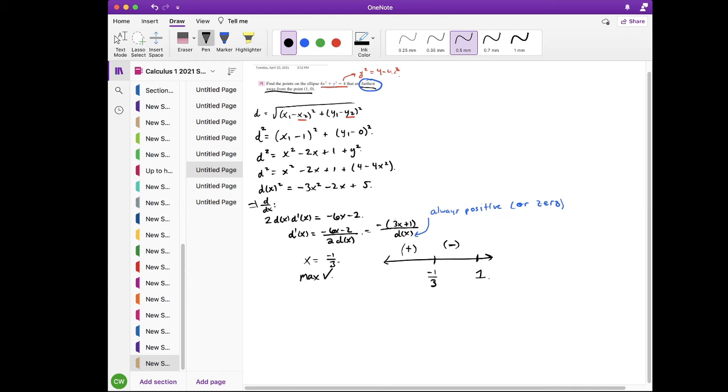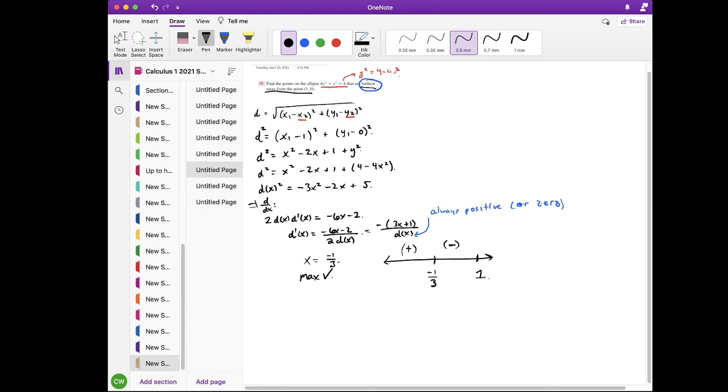So you want the points on the ellipse that are furthest away. How can you determine the y value of the points? Yes, plug x into the ellipse equation.